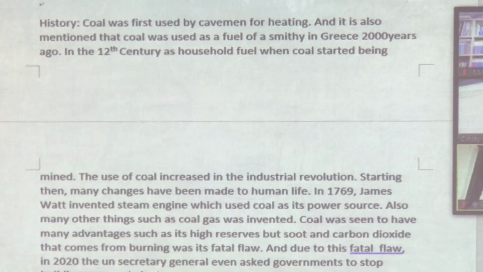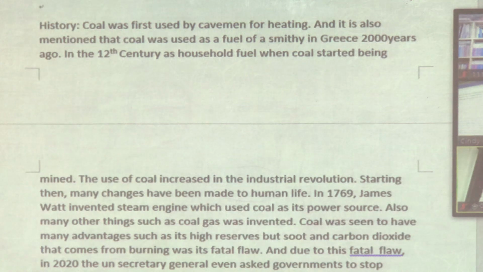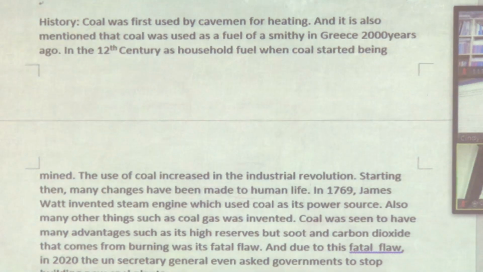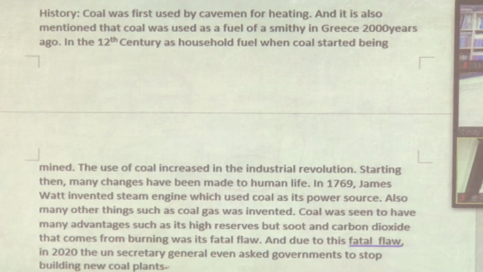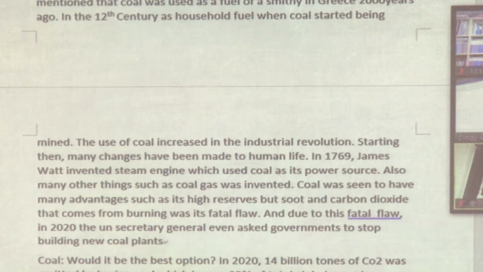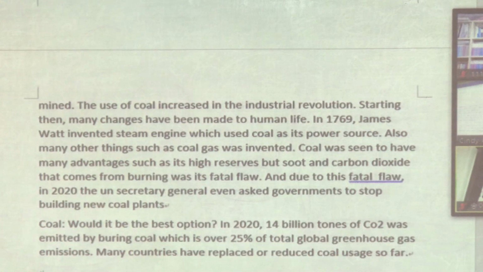And due to this, in 2020, the UN Secretary General even asked the governments to stop building new coal plants. So coal has a few advantages, but it has done a lot of harm to the environment.